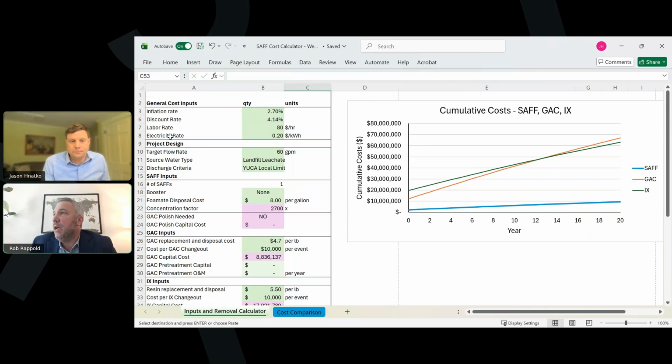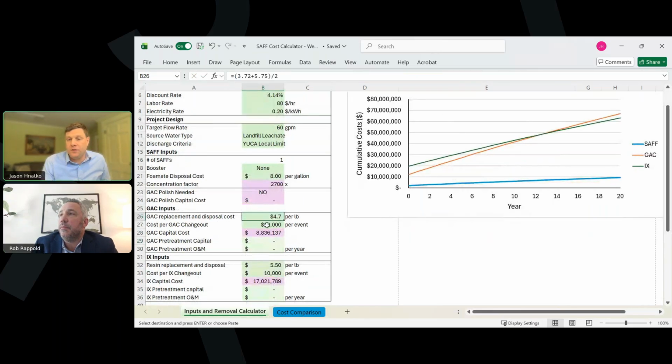Jason, before we do that, just a few questions have come in. Are the GAC costs based on virgin or reactivated carbon? It doesn't matter. You can put in whatever cost you have. So if you have a cost for carbon that you know you're paying, you can just put that in as a dollar amount.